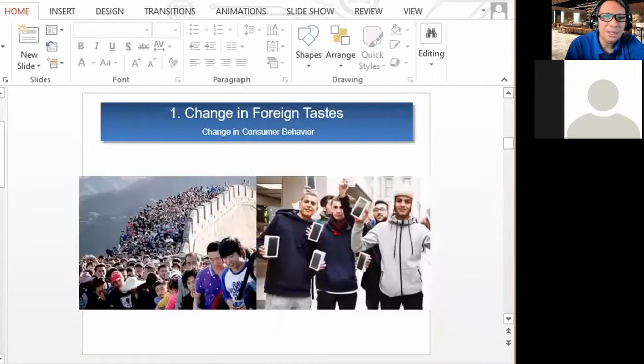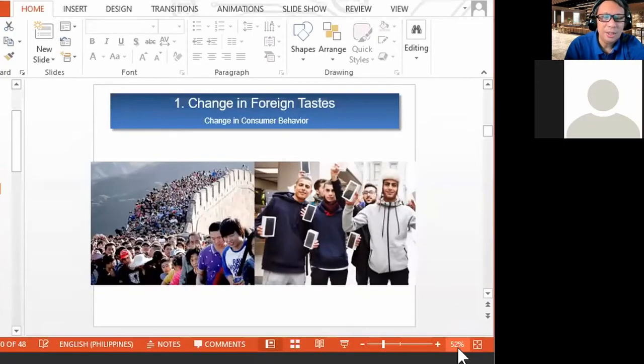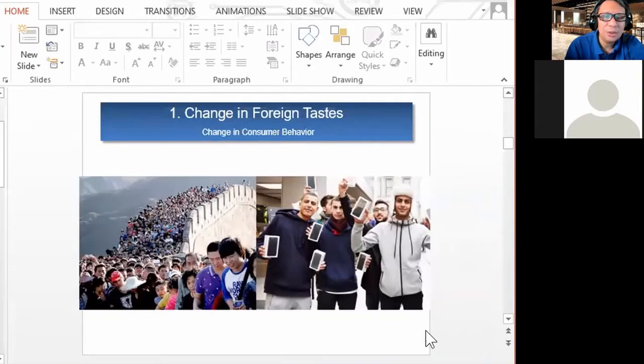So what do you mean by change in foreign taste? Change in consumer behavior. If there is demand for so many imported items, or an increase in tourism, there is a greater demand for foreign currency, and this will affect the price of the foreign currency.